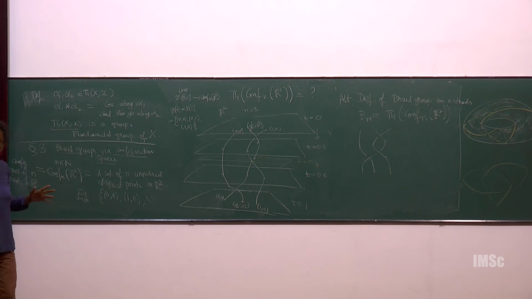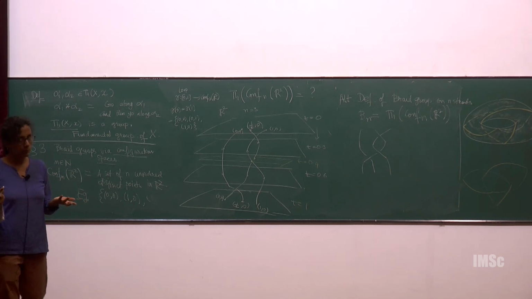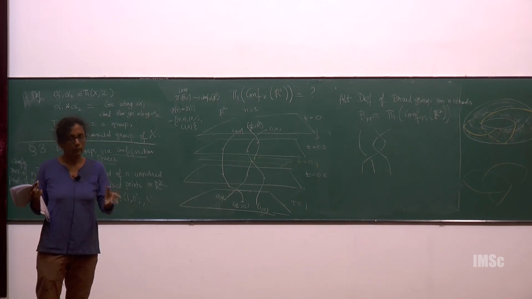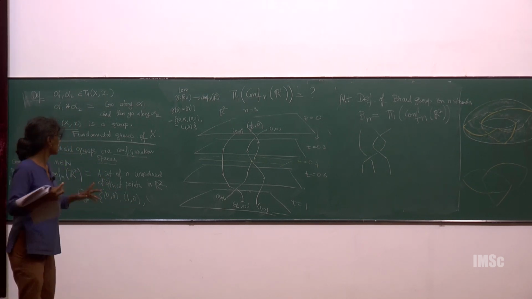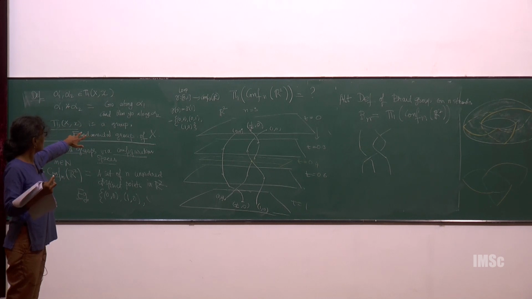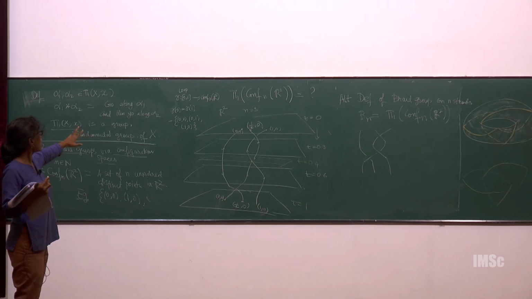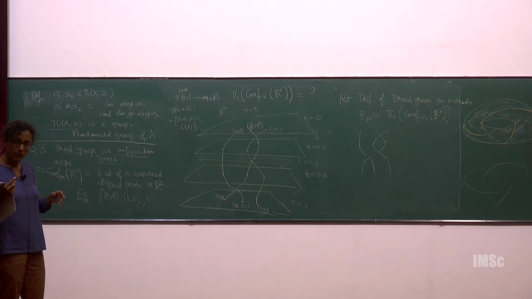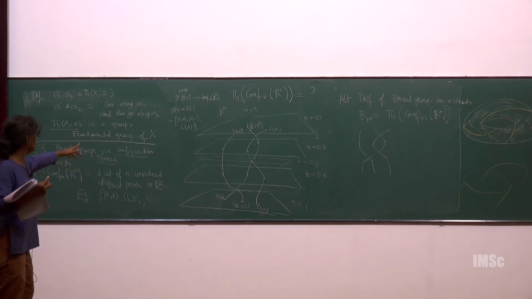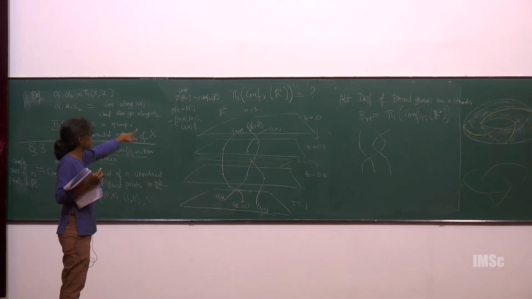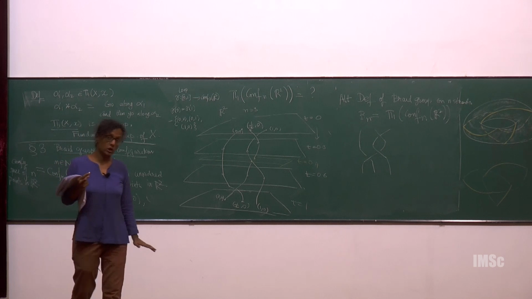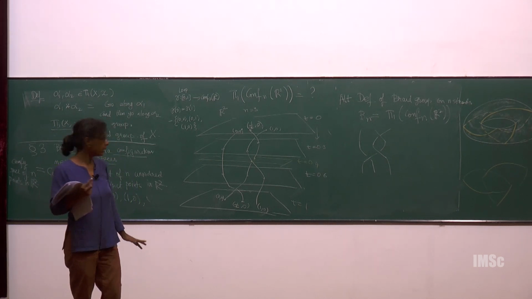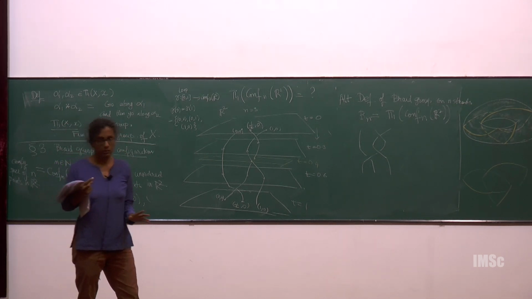So even if you start out with a large continuous space, like our first example was R2 minus a point, which is a continuous space, from that you extracted a discrete group. So same thing you're doing here. Conf n R2 is like n copies of R2 with some stuff taken out, right? It's literally a space of dimension 2n. So it's a 2n dimensional space. And the pi 1 is discrete.